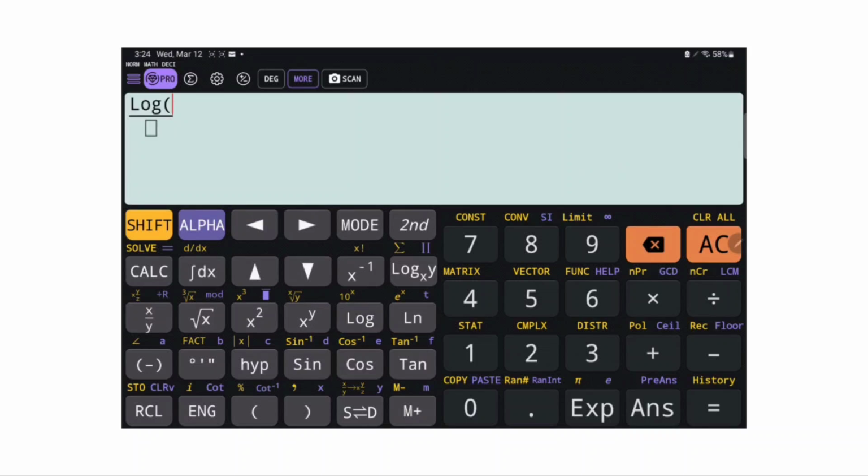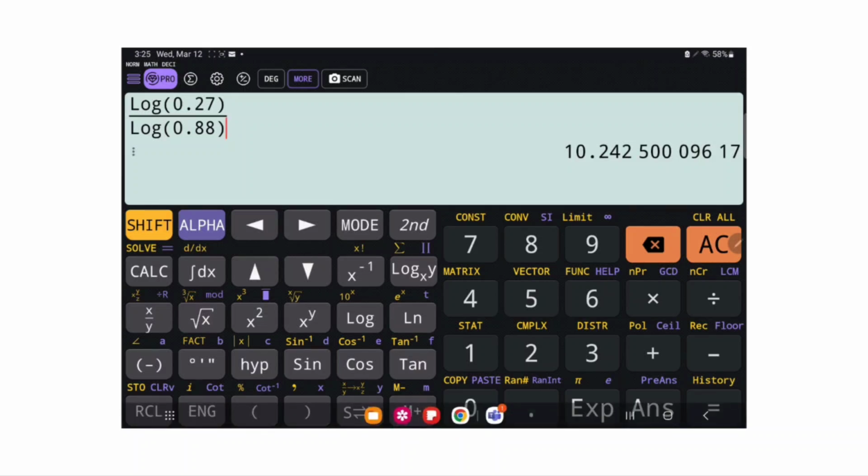Log of 0.27 upon log of 0.88 comes to 10.242, so it's coming 10.2.